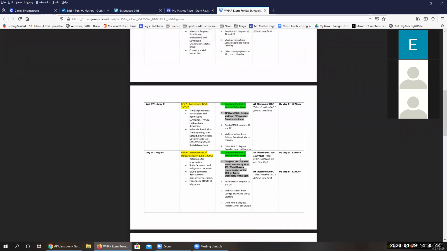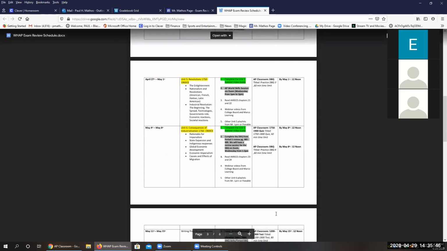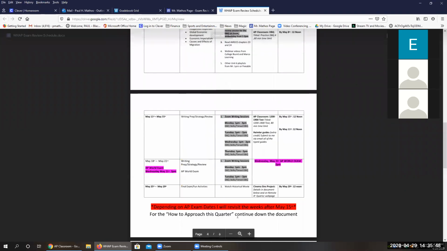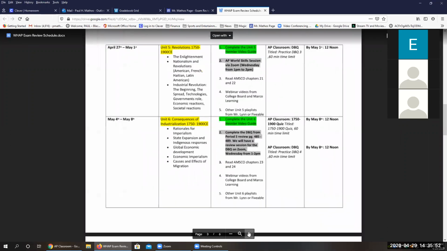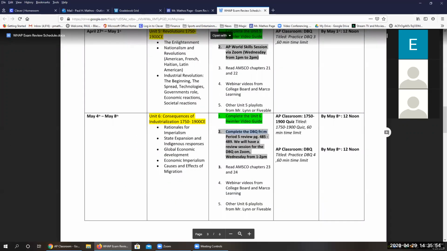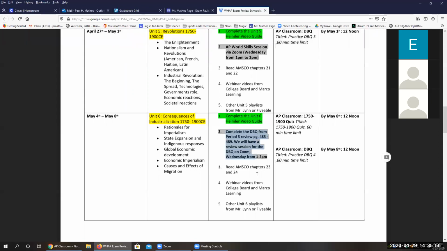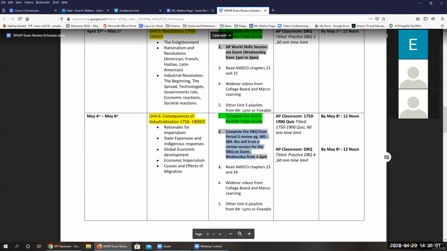See right here, May 4th to May 8th? Right here, I'm going to zoom in as much as I can, I guess. See right here is where it says complete the DBQ from period 5? This is the one we're going to do next week. Now we are going to do it timed.